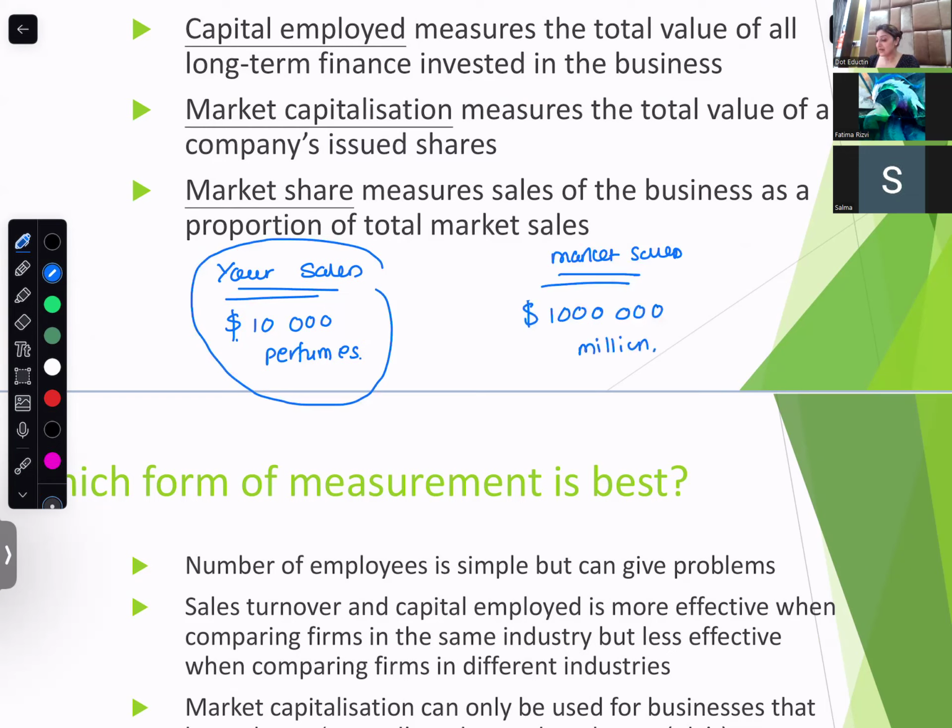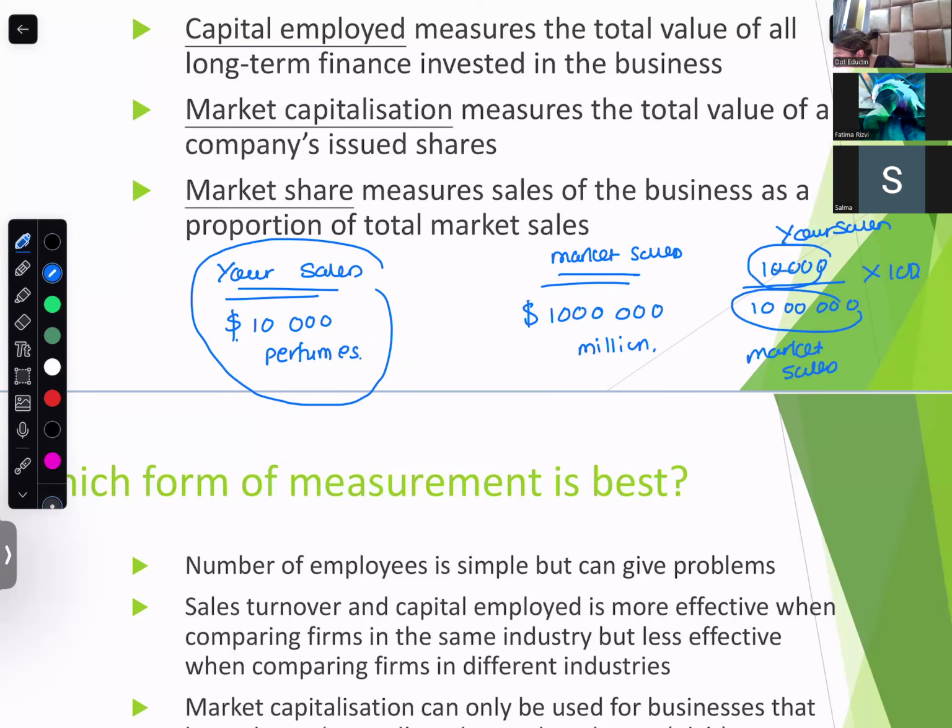Can you tell me how much is your market share in the entire market? You are selling 10,000. The entire industry is selling 1 million. So your sales over the market sales into 100.